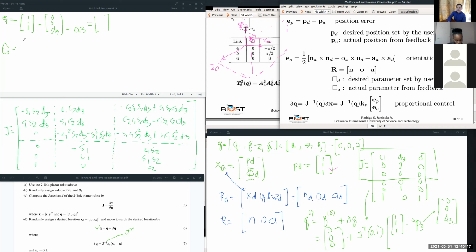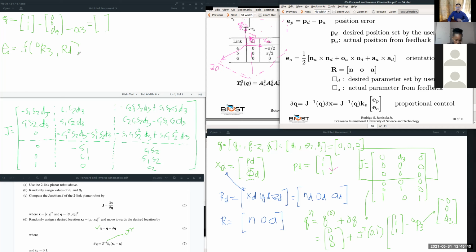We know the 0R3. So the error in the orientation is a function of 0R3 and the desired rotation. What is our desired rotation?